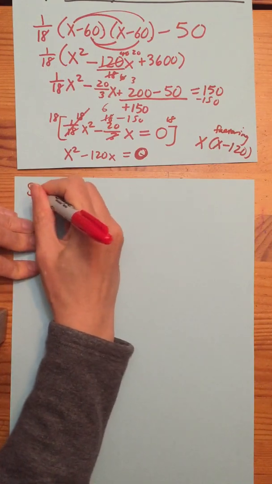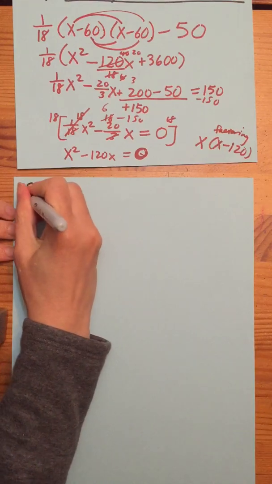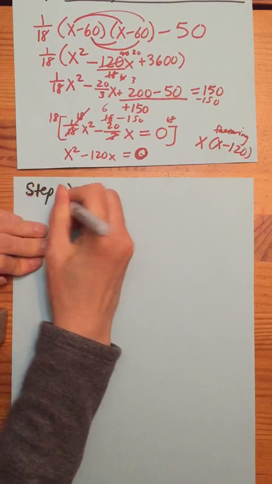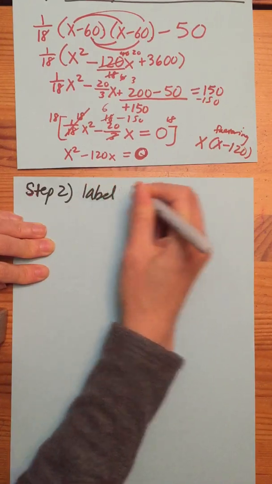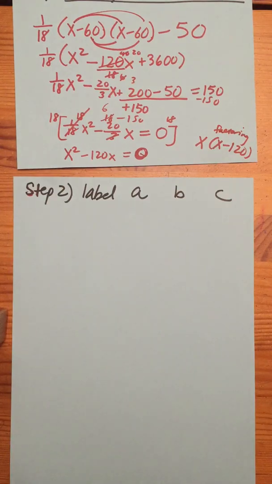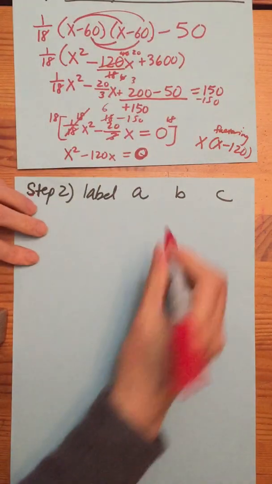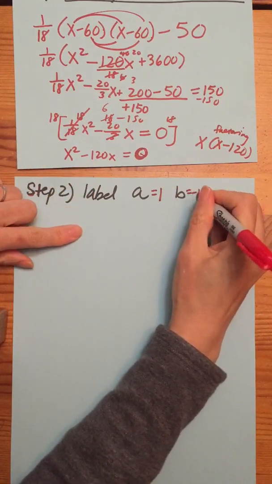Step 2 of the quadratic formula is labeling A, B, and C. A is the coefficient of X squared, so that's 1. B is the coefficient of X, so that's negative 120.